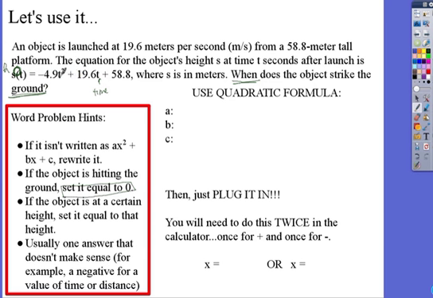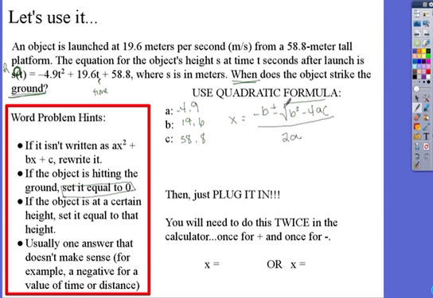So now I have a quadratic that's set equal to 0, so I can simply apply the quadratic formula. A here is negative 4.9, b is 19.6, and c is 58.8. For our quadratic formula, we have x equals the opposite of b plus or minus the square root of b squared minus 4ac over 2 times a.